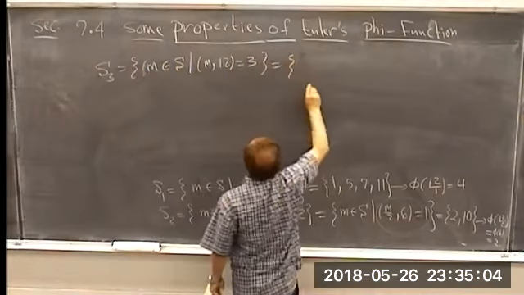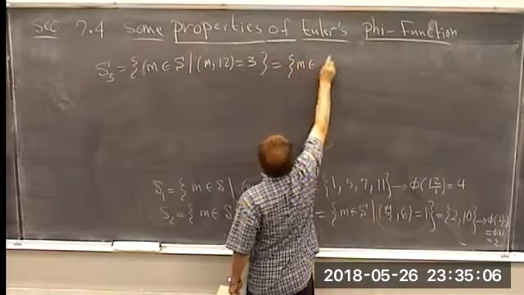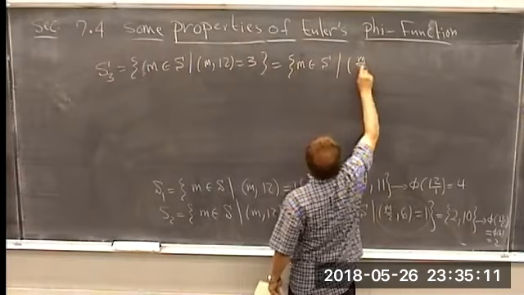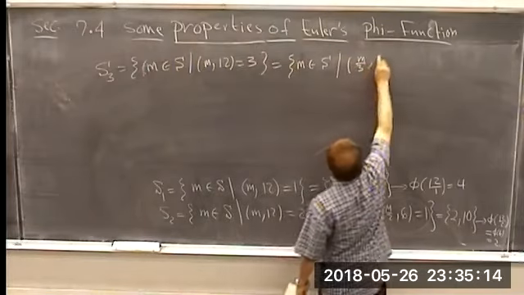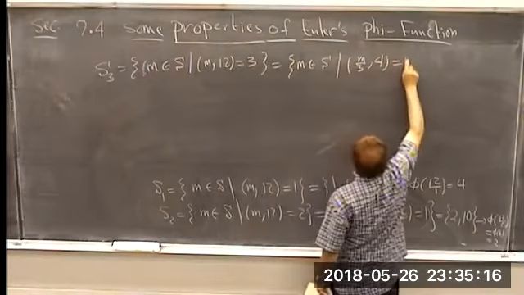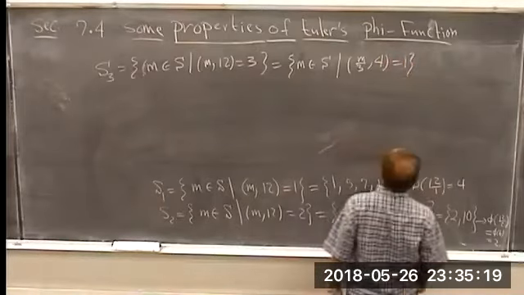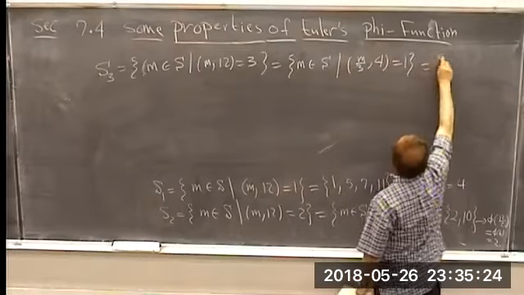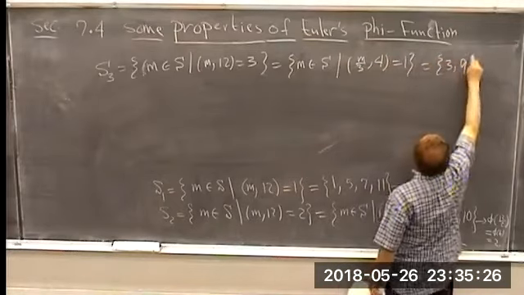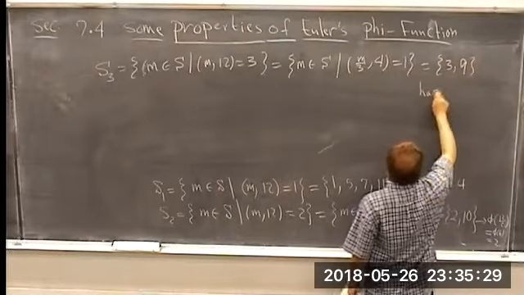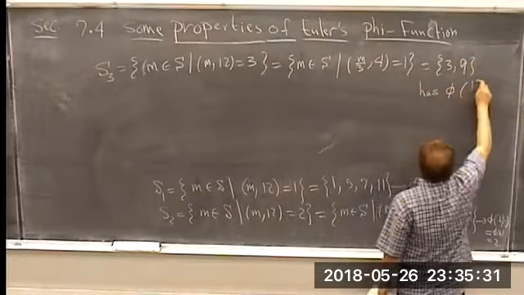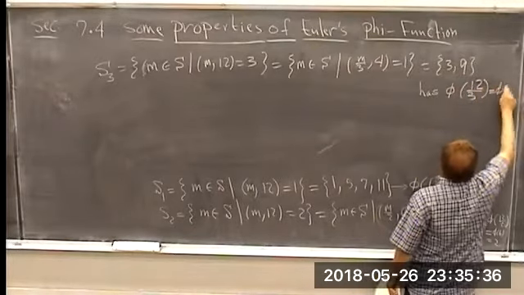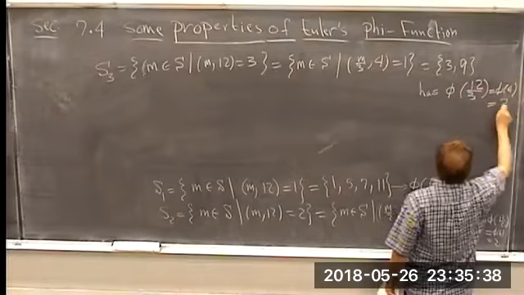Or also we can say this is the same as m over 3 and 4 being relatively prime, and the integers that belong are 3 and 9. And again, this has phi of 12 over 3, which is phi of 4 elements, and that's equal to 2.